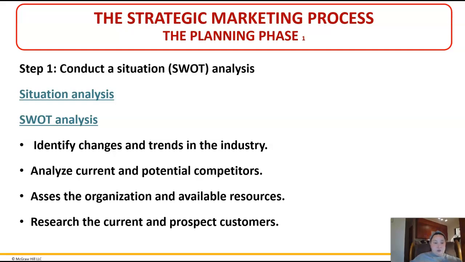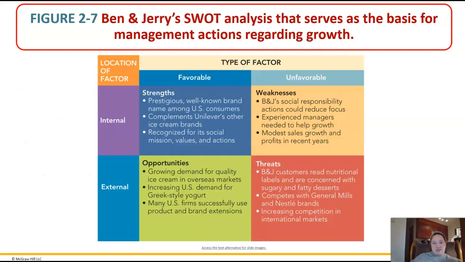Current and potential customers, competitors, also can be opportunities and threats. Opportunity if your competitor is not fully taking advantage of something in the marketplace. See where the organization is at and what resources you have, and look at current and potential customers.